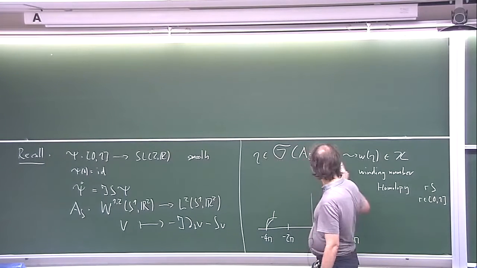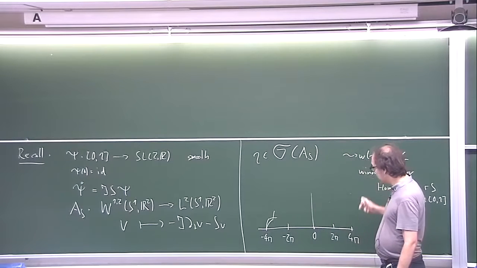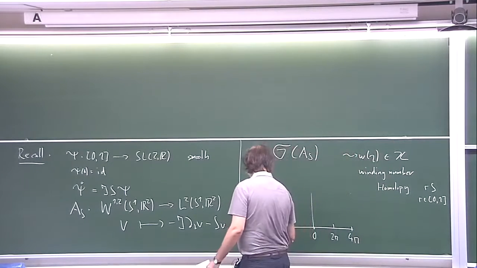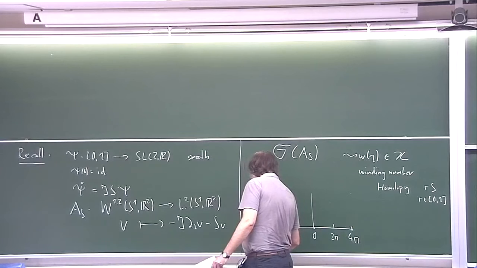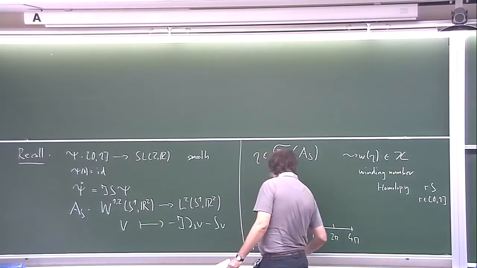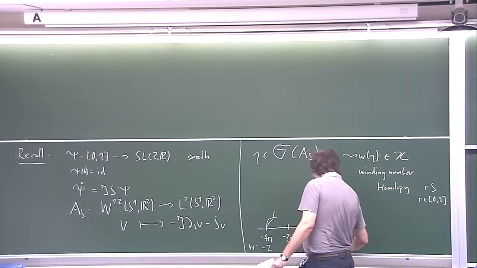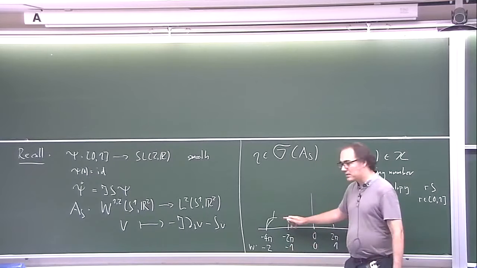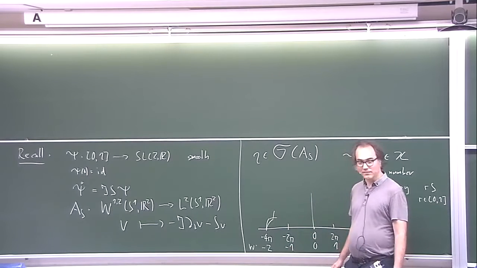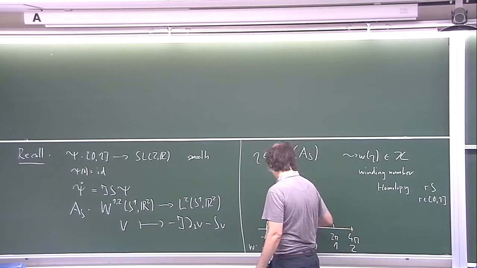because they have different winding numbers. The winding number here is −2, here is −1, here is 0, here is 1, and here is 2. So these different families cannot cross. So we have it like this.